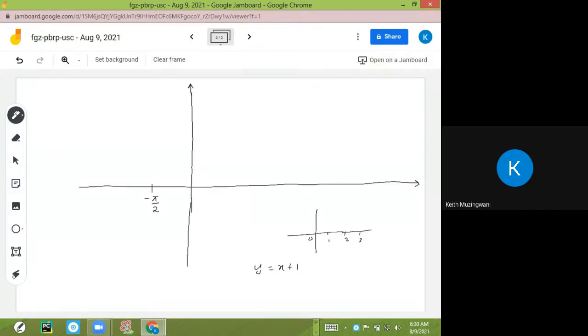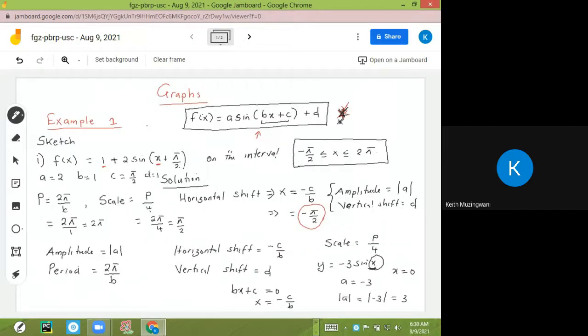What scale do you use? So now I'm saying in trigonometry, the easiest scale to use is where you just break the period by 4 so that you can get the critical points of the graph, the important points of the graph. So in this case, our scale has been found to be pi over 2. So we'll be adding pi over 2 to each number.